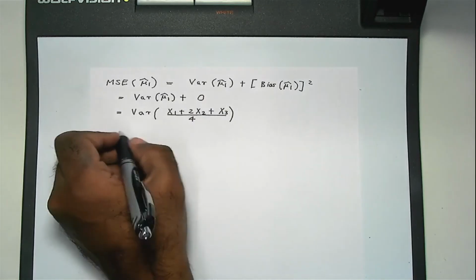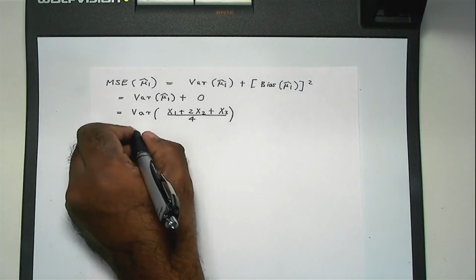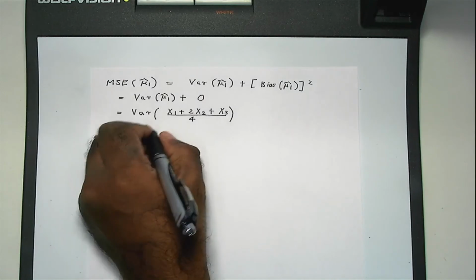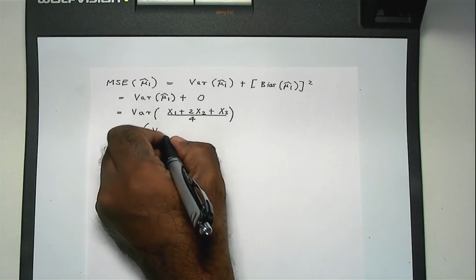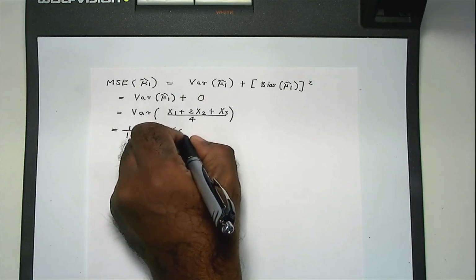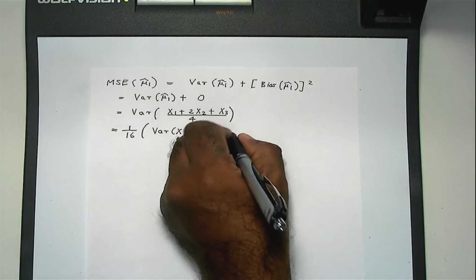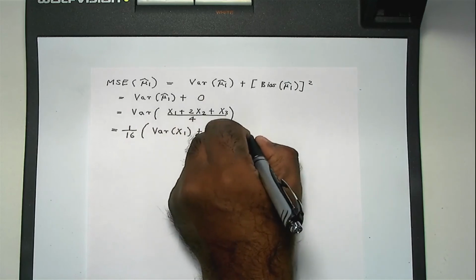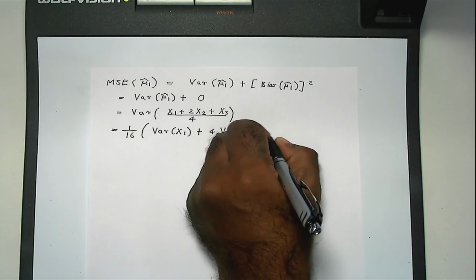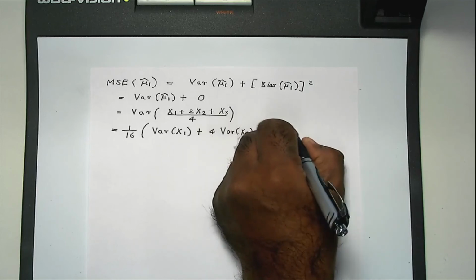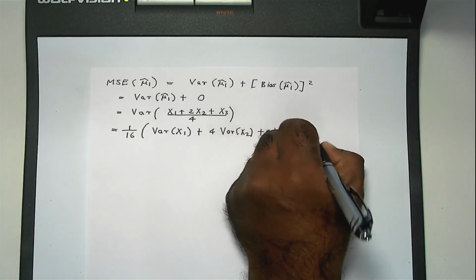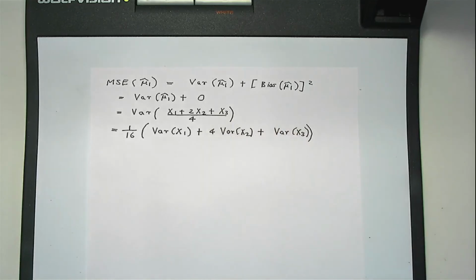So this is going to be 1 over 16 times the variance of x1 plus 4 times the variance of x2 plus the variance of x3. Now we know that the variance of each variable is sigma squared, right?